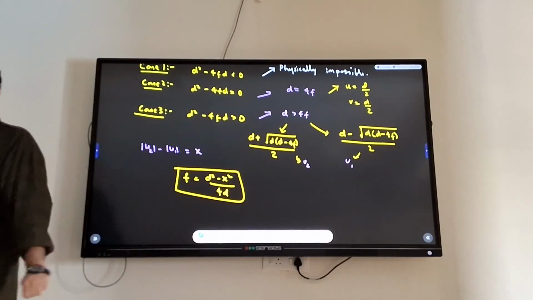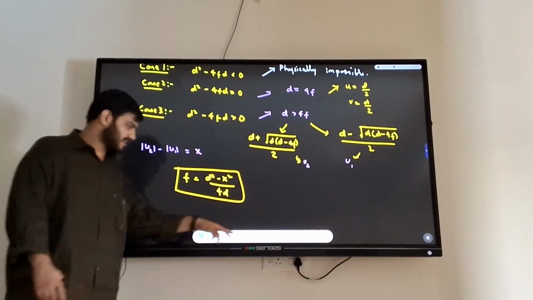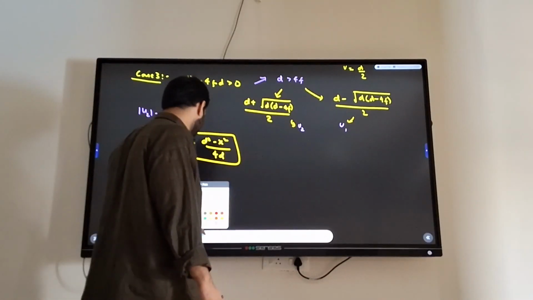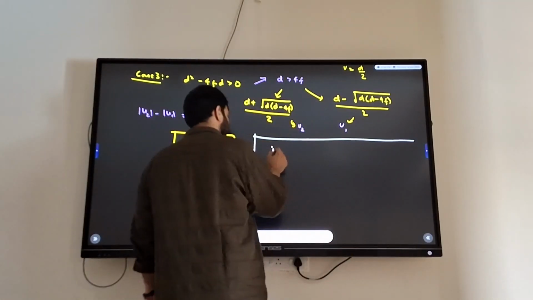There's also one more relation which I am just going to tell you. I am not even deriving that. Again, if you want its derivation, you can check in DC quantity.